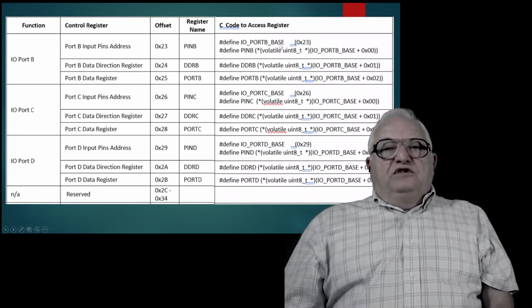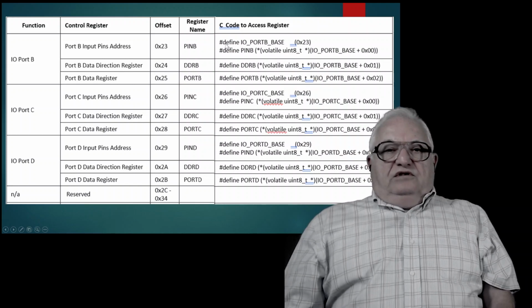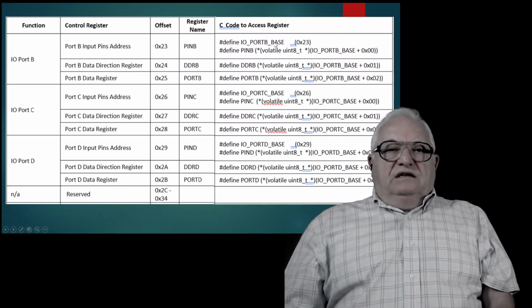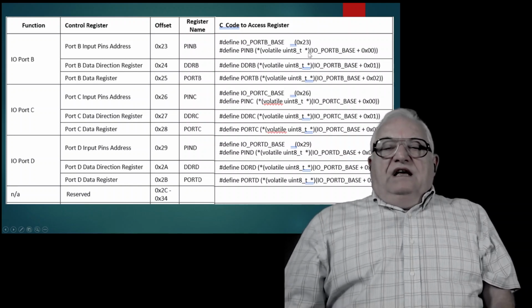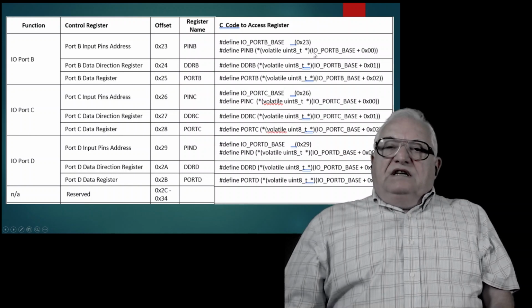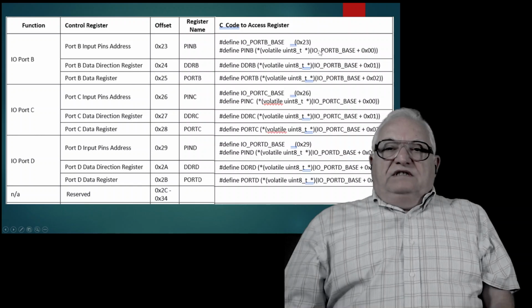And I basically used the same technique that I just showed you for coding. I defined an IO port B base, because this is port B, 023, which comes from the data sheet. Then I define a volatile, and here I said IO port base plus 0. So this defines the memory.